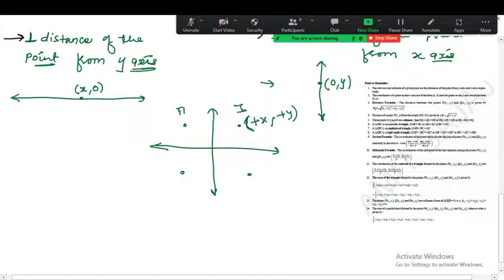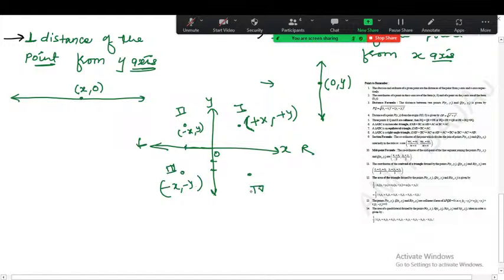In the second quadrant, you first move some distance along the x-axis, but towards the left. If you are moving towards the left, you will consider a negative sign. Here you moved minus x, then moved plus y. For the third quadrant, you will move minus x and minus y, because on this side you will be taking negative values. That is minus x minus y is the sign for the third quadrant.